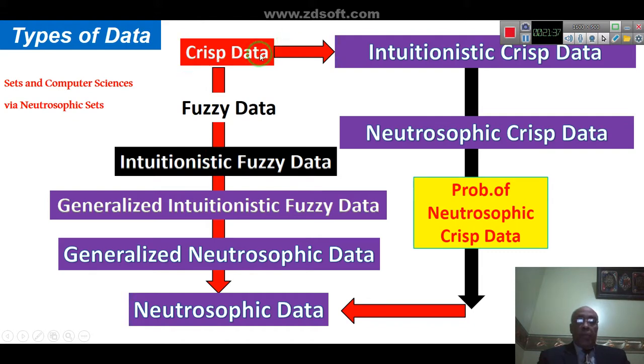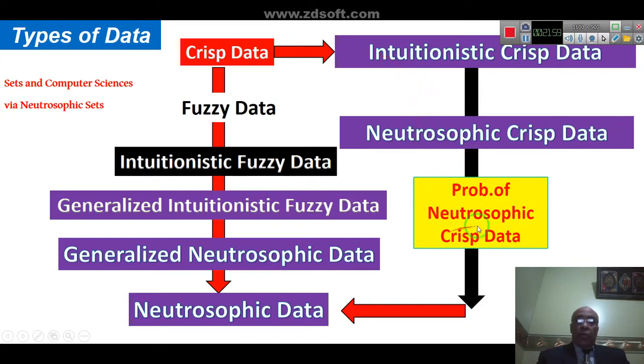From crisp data to intuitionistic crisp data, implies neutrosophic crisp data. Neutrosophic crisp data contains intuitionistic fuzzy data.